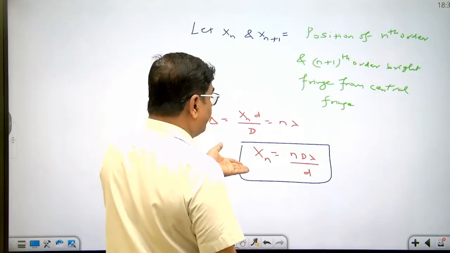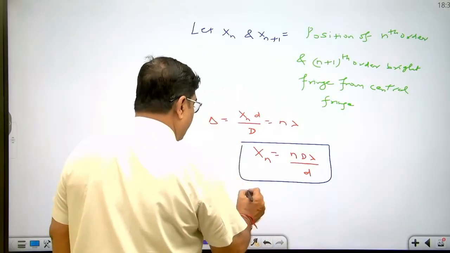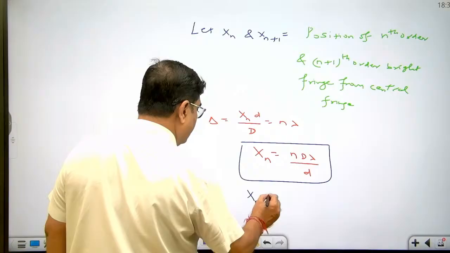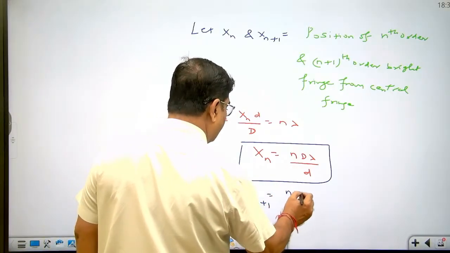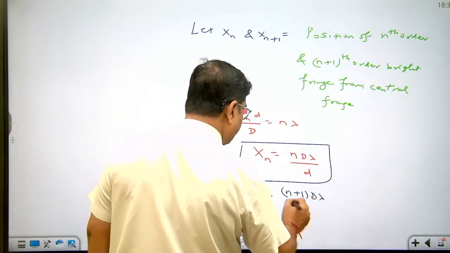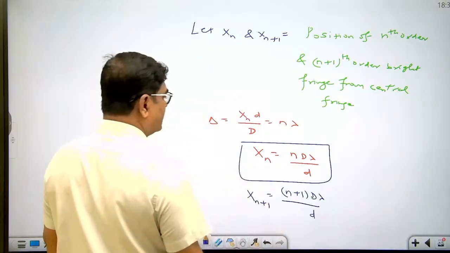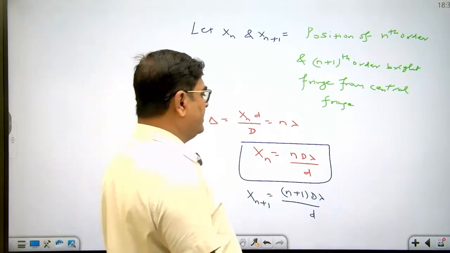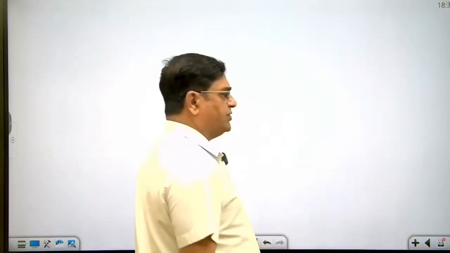So if this is the position of the nth order bright fringe, then definitely we can write for xn plus 1. Substitute n plus 1 in place of n. This is xn plus 1. And what is fringe width? Distance between any two consecutive bright fringes is called fringe width, okay?